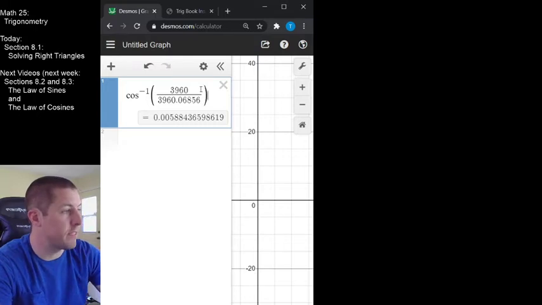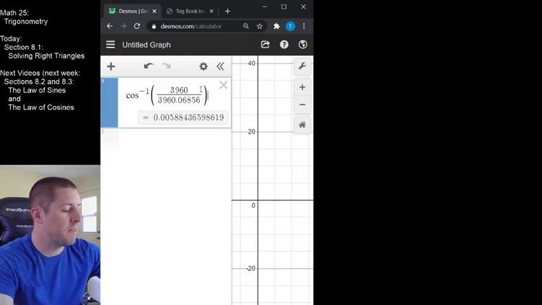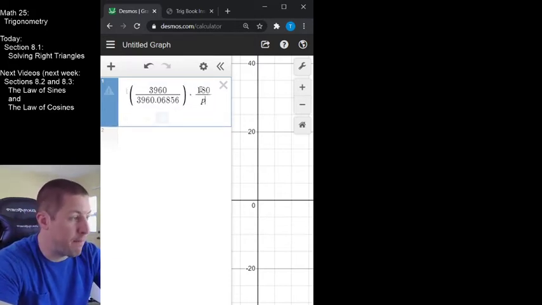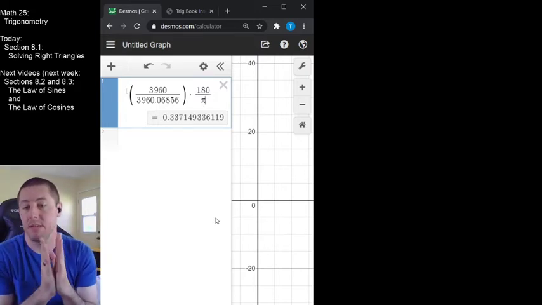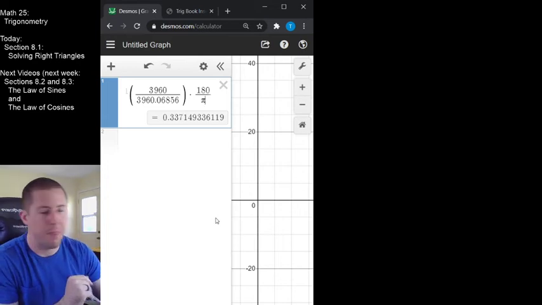And as expected, we're getting a really, really small measurement here because this isn't taking up very much angle. If you want to see how many degrees this is, we could multiply by 180 and divide by pi. So it looks like about 1/3 of a degree, 0.33 degrees, is what span of the Earth can view this lighthouse from wherever you're at if you're out on the water.